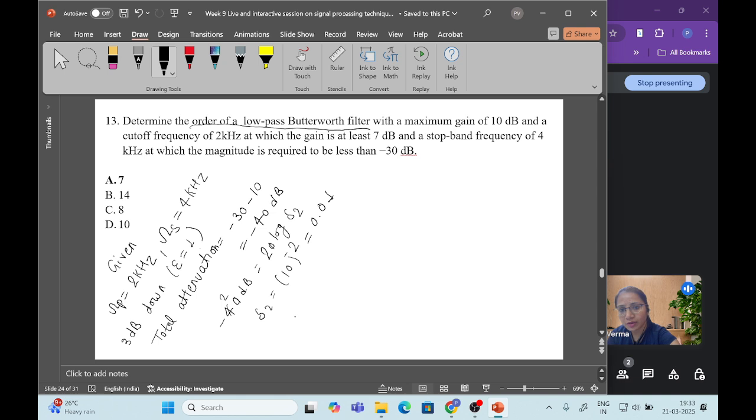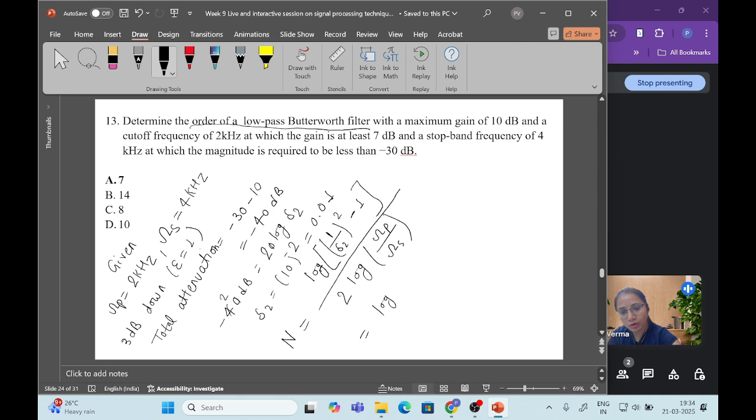Now the order of the Butterworth filter, that is defined by n, must be equal to, we know that formula, log of 1 by del 2 square minus 1, divided by 2 log omega p divided by omega s. Okay, now put the values.